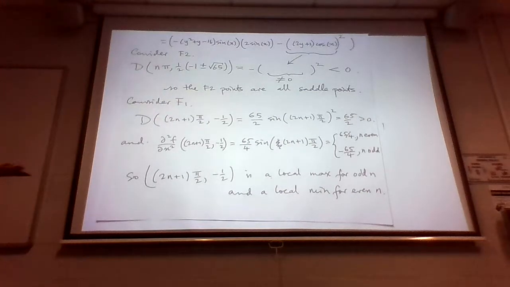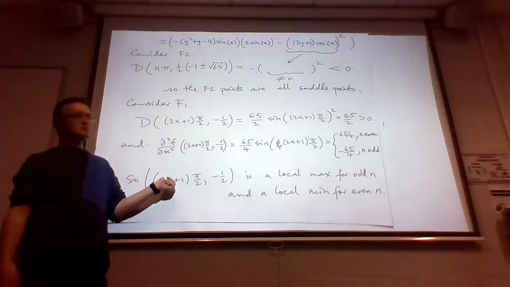So that again agrees with what we saw on the surface plot. Okay? So on the surface plot, we saw this alternating sequence, because the surface was going up and down. So we had an alternating sequence of a local maximum followed by a local minimum, followed by a local maximum, local minimum, and so on and so on. And that's what we get here.